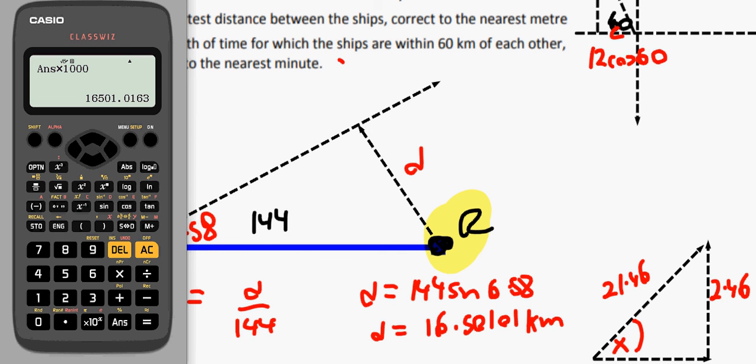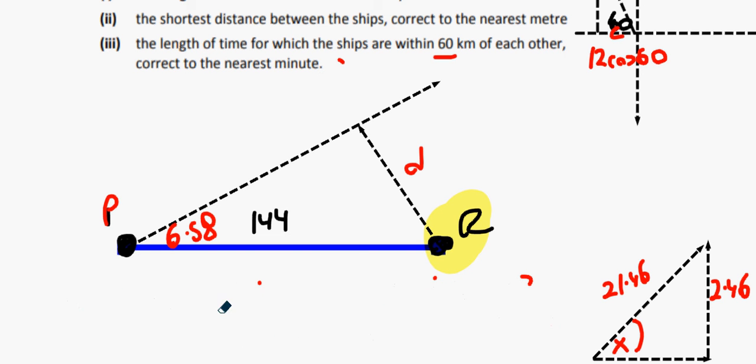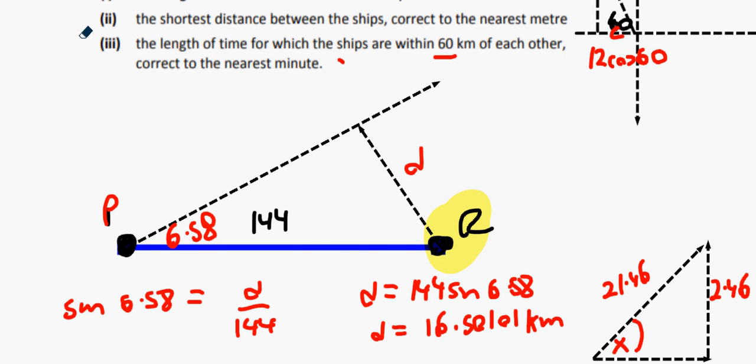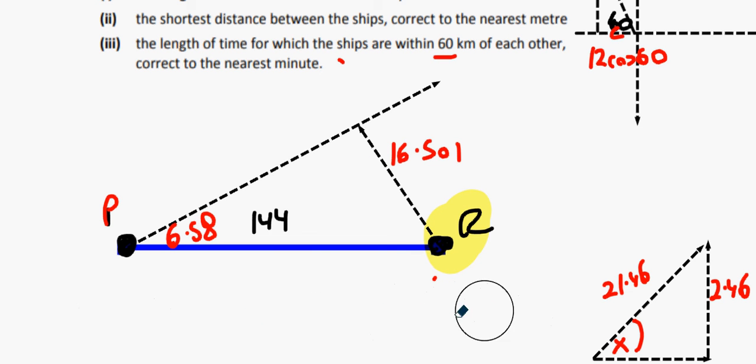Okay, 16,501. The length of time for which the ships are within 60 kilometers of each other, correct to the nearest minute. Now, this question is a very good one, and it has a lot to do with the last question. Okay, now the 16.501, here's what we're going to do.